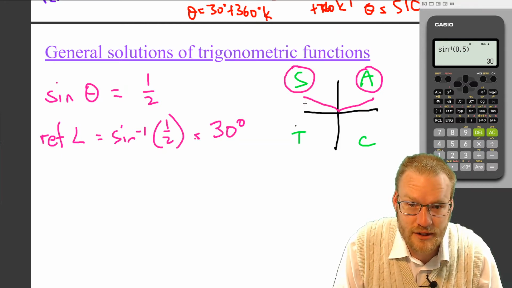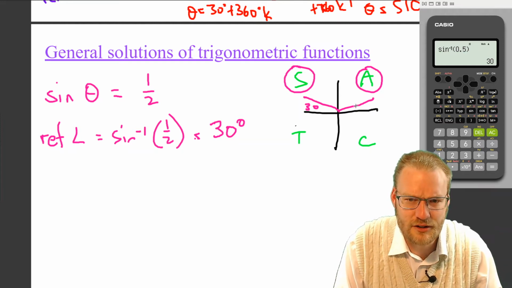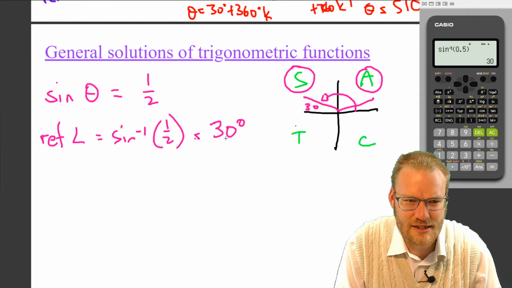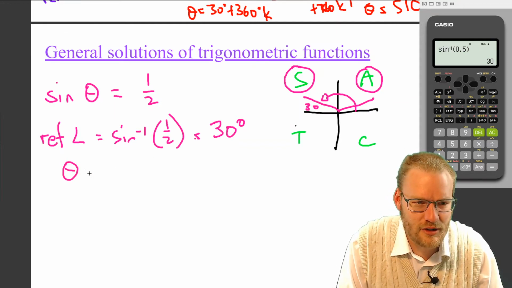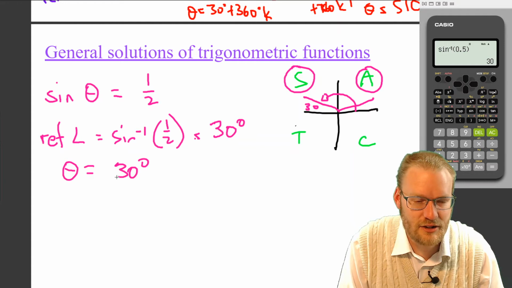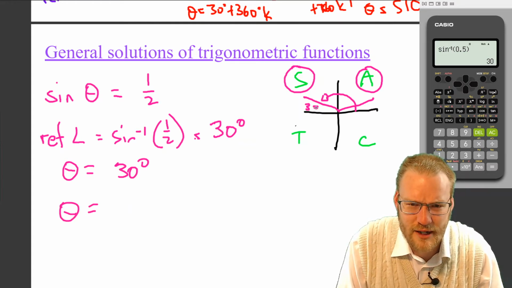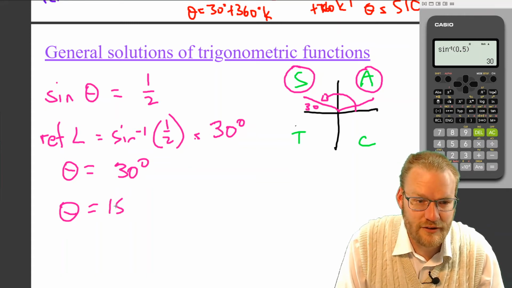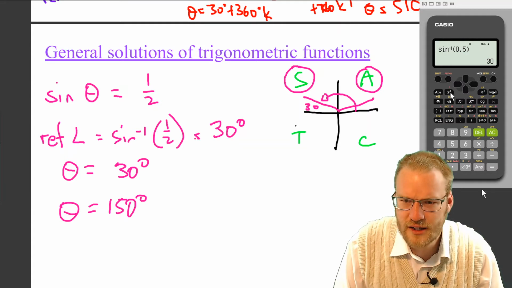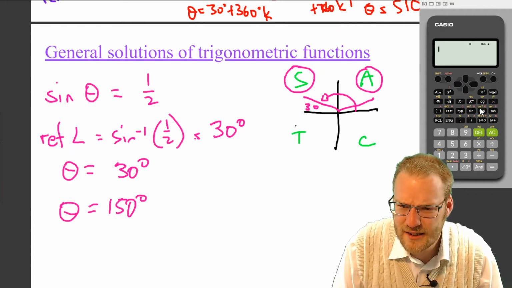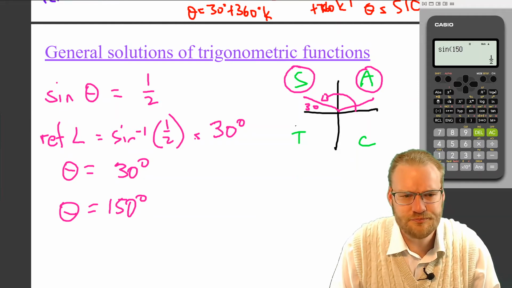So if that bit's 30, then my other solution, I need to get to 180. So my one answer is theta equals 30 degrees, and my other answer is, how far away am I? 180 minus 30, so it must be 150. We can check that in our calculator. What's sine of 150? Cool, it's also a half.